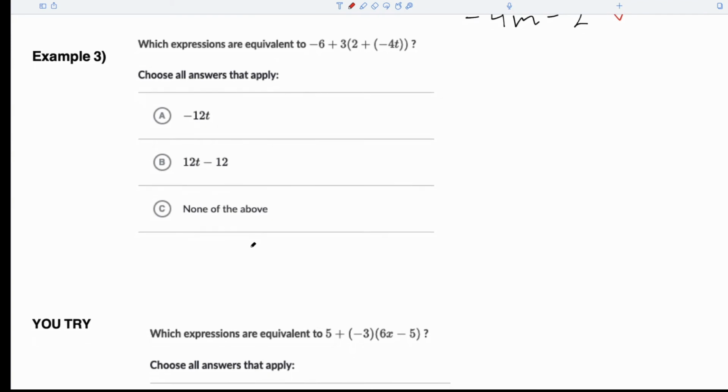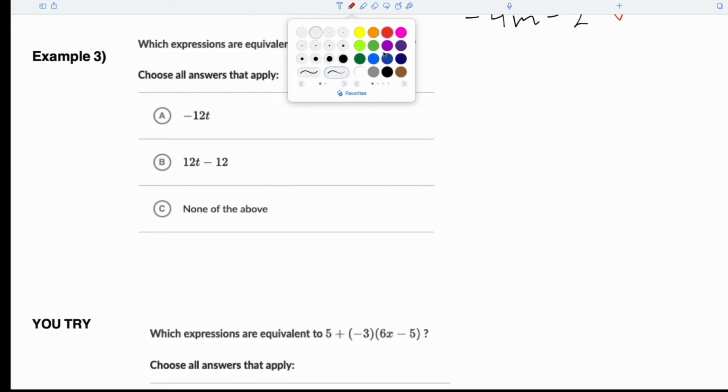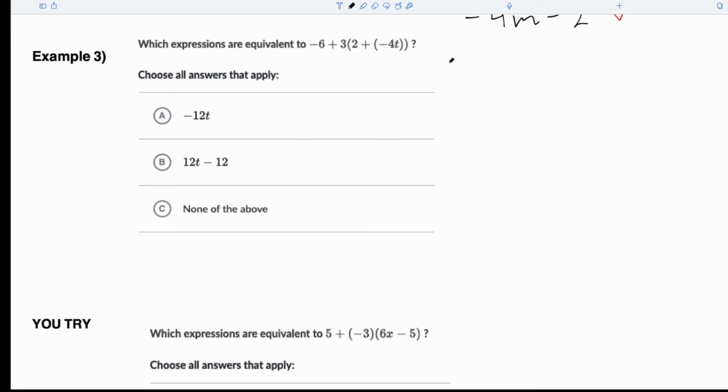Example 3. Last one. Write it down and let's simplify it. For this one, there's a lot of parentheses in here, Josh. That's your first.